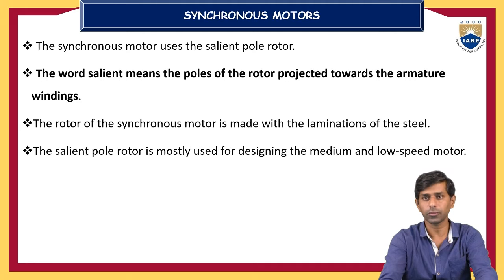Proper laminations, with each lamination insulated from the other, also effectively reduce the eddy current losses. That is why these laminations are very important, and the lamination thickness depends upon the operating frequency of the motor.